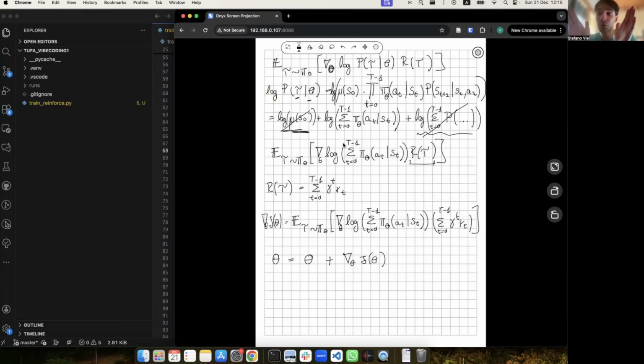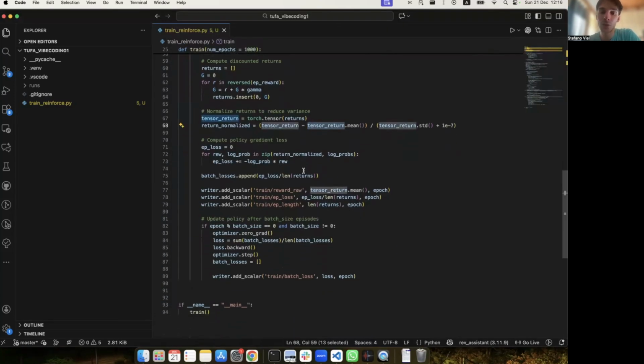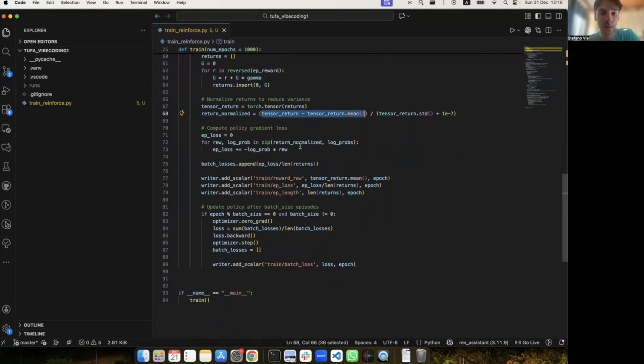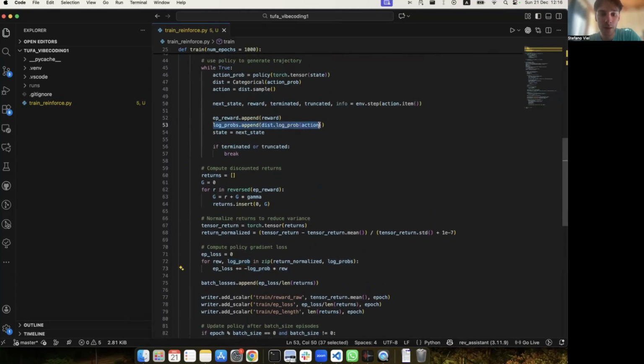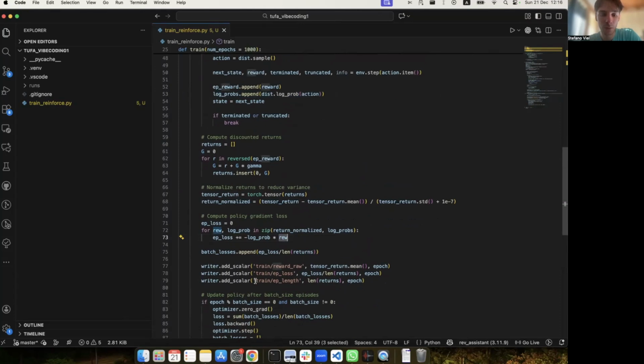And so the update will always be in a different direction. So we want to find a way to reduce this variance so that we go more in the right direction of updates. One way to do it is to just subtract the mean, and you can also normalize with the standard deviation, but this is the important step in order to minimize the variance and do the updates in the right direction. Here we're effectively doing the formula that I explained before, where we multiply the log probabilities that we saved here with the normalized reward.